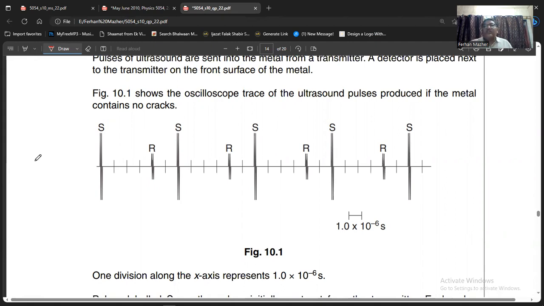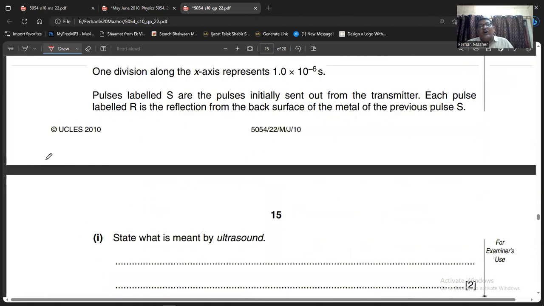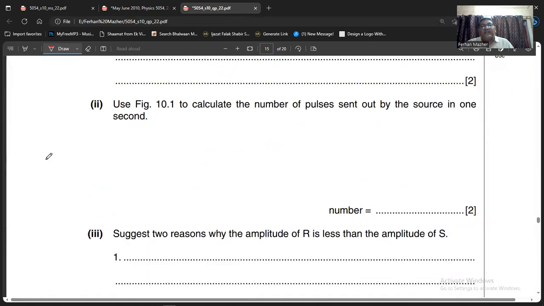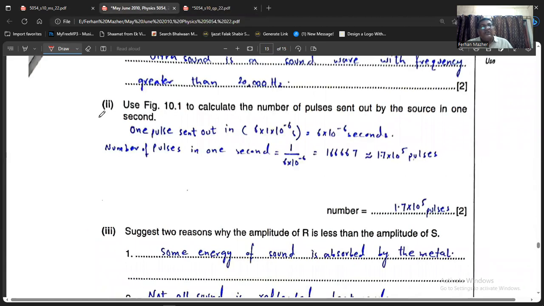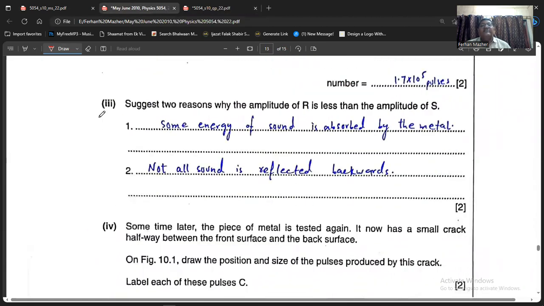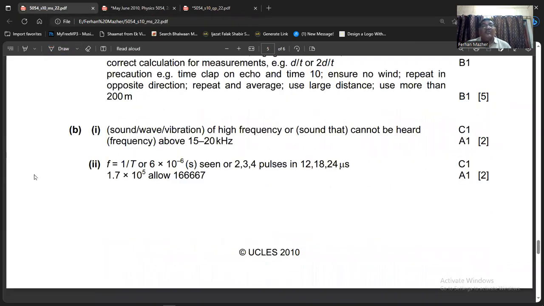Some of its energy has been lost, maybe absorbed by the body from where it is reflected. Some energy of the sound is absorbed by the metal. Not all sound is reflected backward. Another reason is that not all the sound is reflected back.